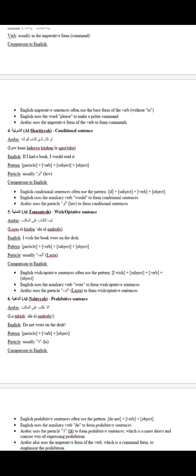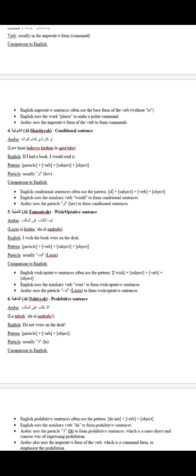They typically begin with the particle isa, or lu, which are followed by a verb in the imperfect form. Conditional sentences in Arabic follow the pattern particle, verb, subject, and object.